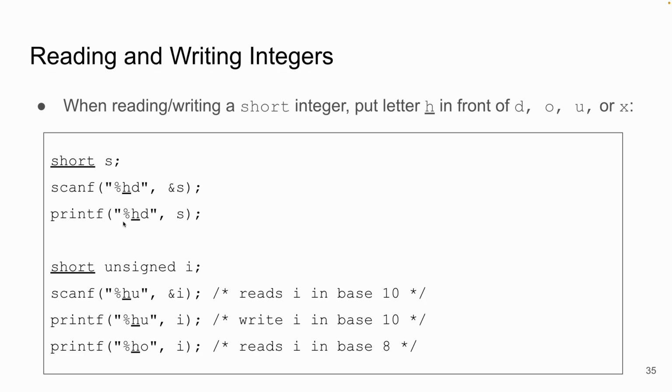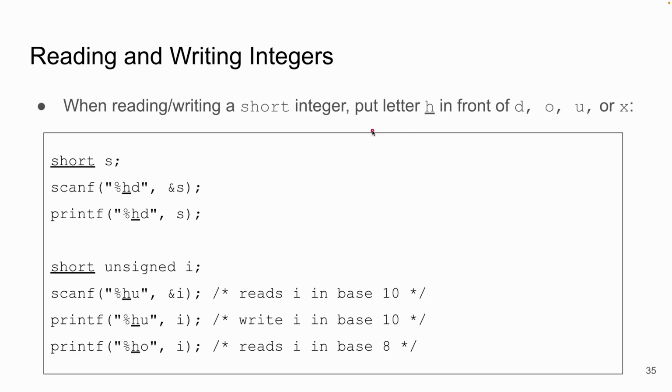So how about the short integer? Because we also said that we can declare the short integer. To tell scanf and printf that this number should be read and written as a short integer, we just need to add the letter h in front of the other letters we introduced in the previous slide.